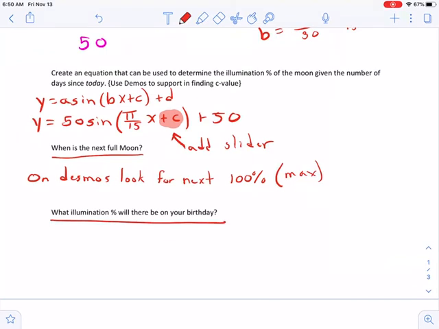Well, this is going to change for everybody. You can do a Google search to figure out how many days away your birthday is. So we can just say set x equal to your days away from your birthday. And then you're going to plug that into our equation, again, once we know that C value.